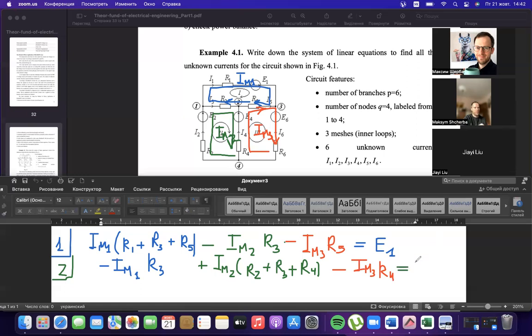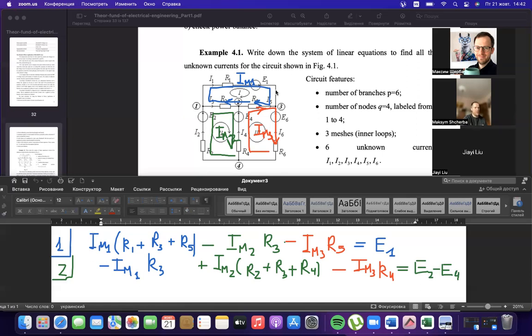The second will be with plus because it is the same direction, and the source number 4 will be with minus because of opposite direction. That is the idea of how we get this equation.